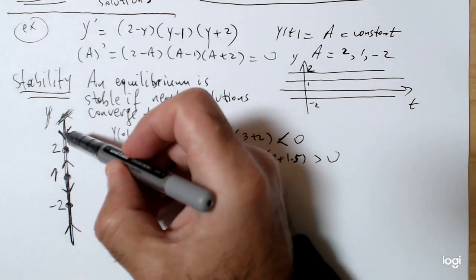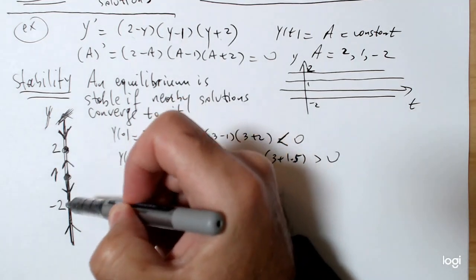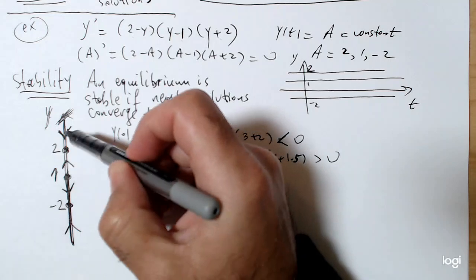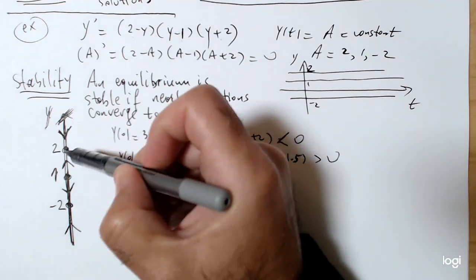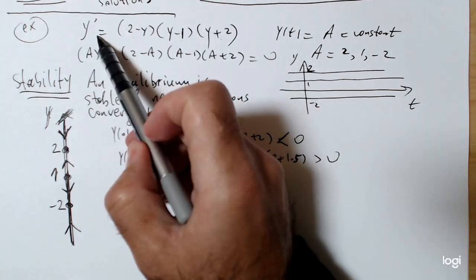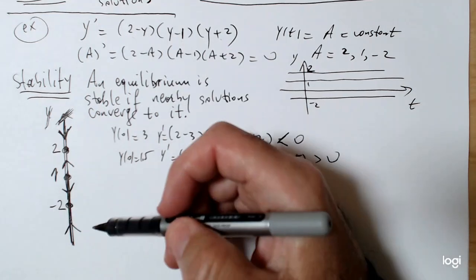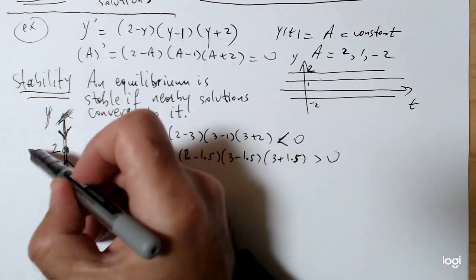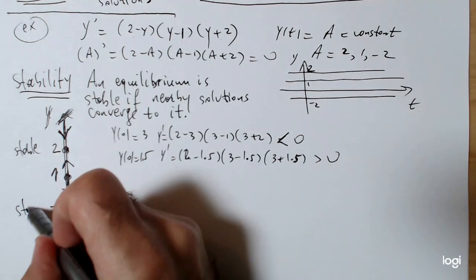So notice that the stability in this context means that if you start close to 2, not too far from 2, right? So I mean like in some regions around 2, the solution approaches 2. Once the solution approaches 2, of course, the dynamic stops because y prime approaching 0 means that at that point, the solution neither increases nor decreases. So for that reason, this point is stable and this point is stable.